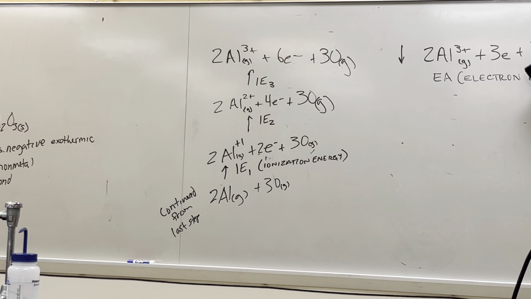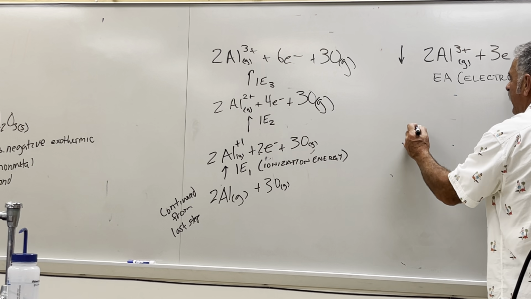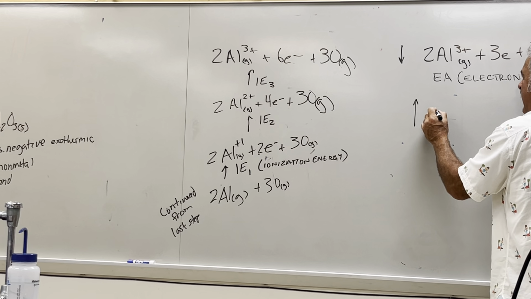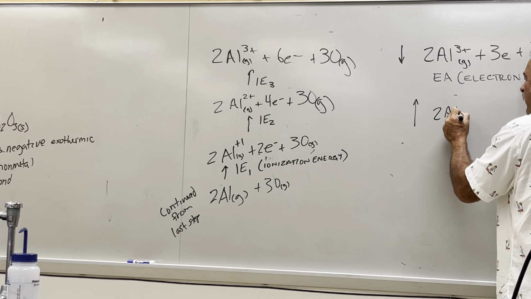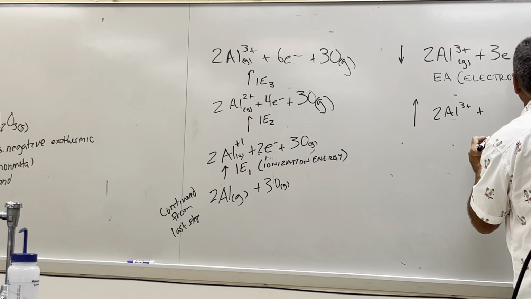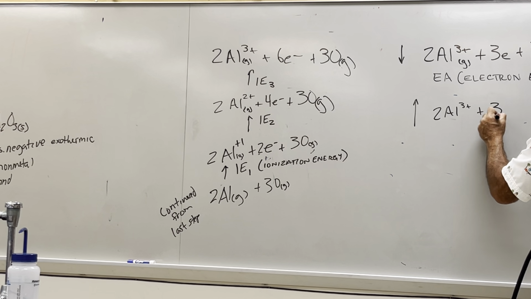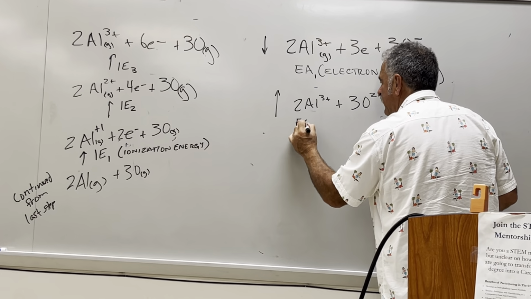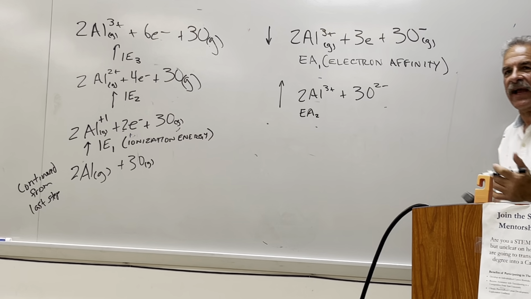But we're not used to seeing O. O2- is what we want, not O1-. So we're going to have to do a second step. We gained energy there, but this step, 2Al3 plus 3O- gives 3O2-, is electron affinity 2, the addition of a second electron.